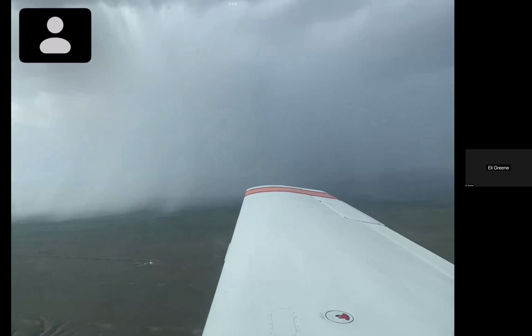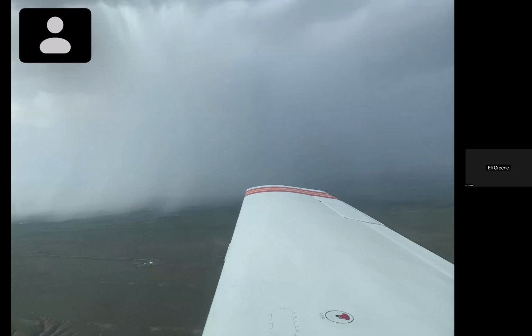Okay, this is a picture that I took from my airplane flying out of Cheyenne. Not going to comment as to whether I was 20 miles away from that thunderstorm, but you can see a massive thunderstorm. Way up there at the top is the actual towering cloud, and all of it below it is precipitation.